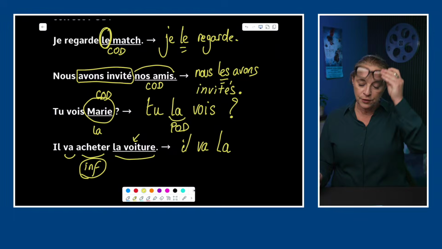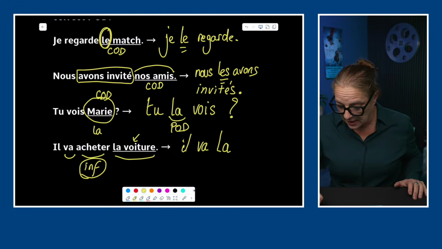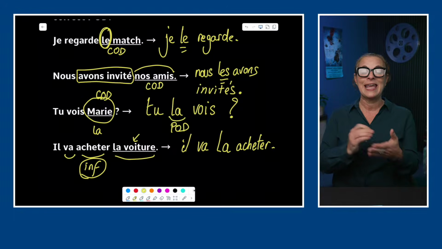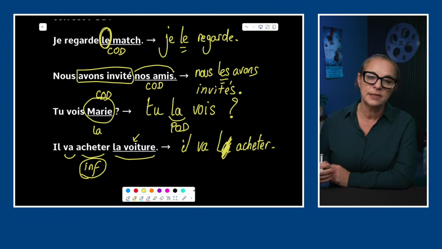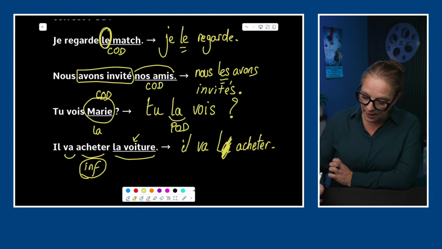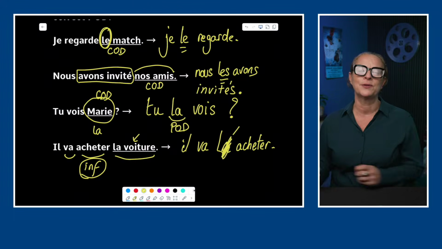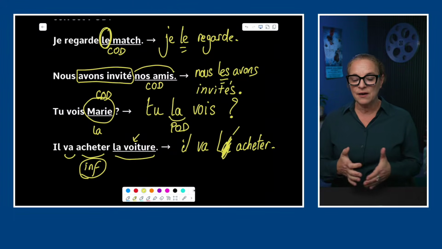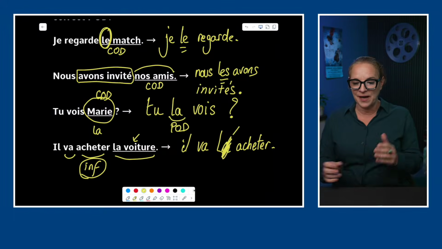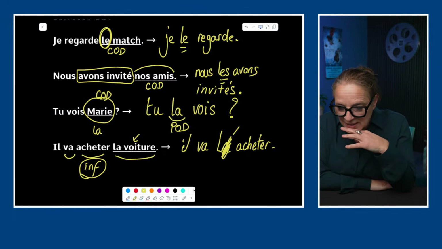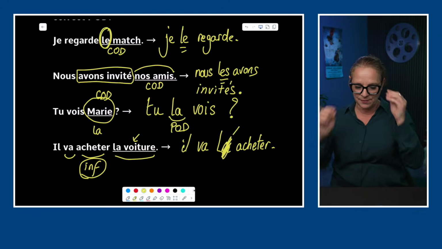However, the verb is acheter. So, we can't say il va la acheter. We need to drop the vowel a and add an apostrophe. Il va l'acheter. Okay? Très bien. Il va l'acheter. Okay?